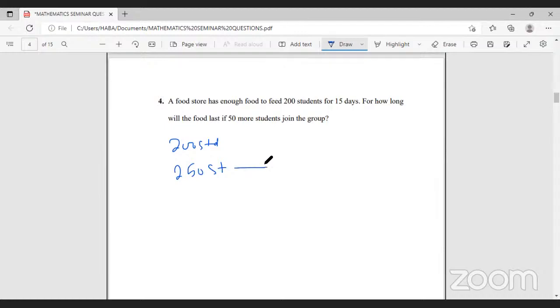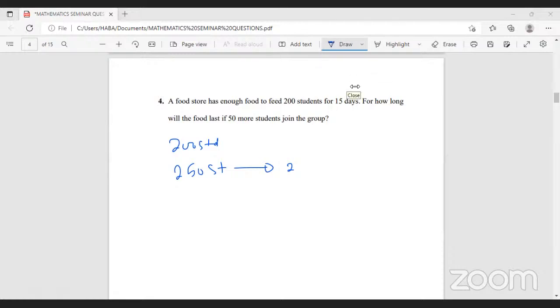You divide by 200. 250 times, divide by 200. Kindly share that in the chat because I'm not getting you well. I don't know whether others are getting you well. Just briefly type them in the chat.